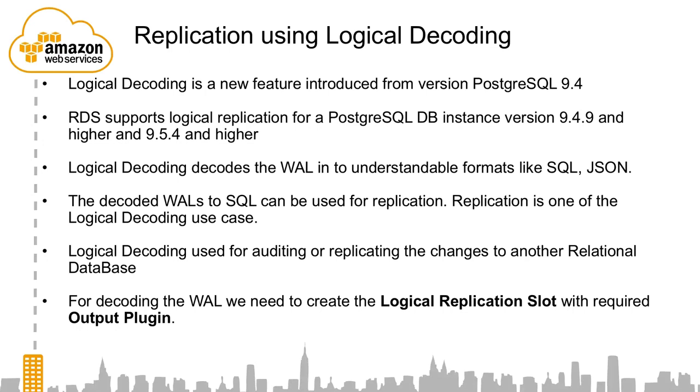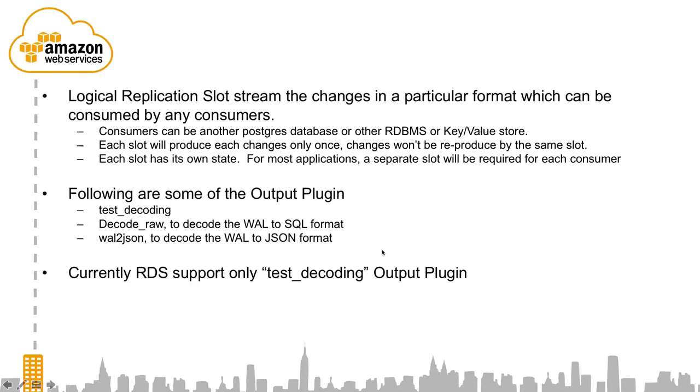For decoding the WALs, we need to create a logical replication slot, which is different from a physical replication slot. And with the logical replication slot, we need an output plugin. The output plugin is a library which tells us in which format the WALs are to be converted. For example, if you want to convert the WALs to SQL form, there is an output plugin called decoder_raw.